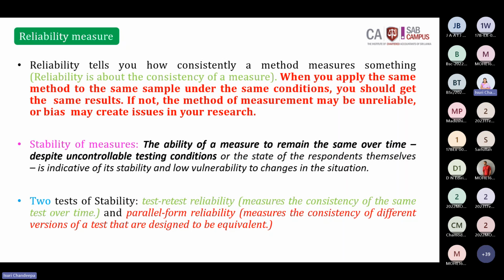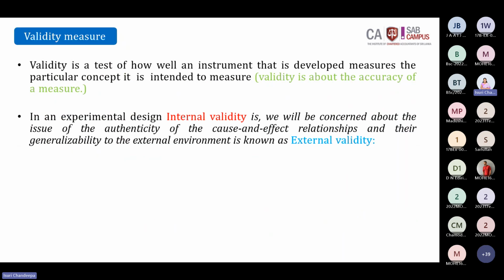Right, not reliable. So then internal validity. Internal validity is where we are concerned about the issues of the authenticity of the cause-effect relationship, right? We are going to inquire about the relationship between 2 variables. What is the cause and effect relationship?